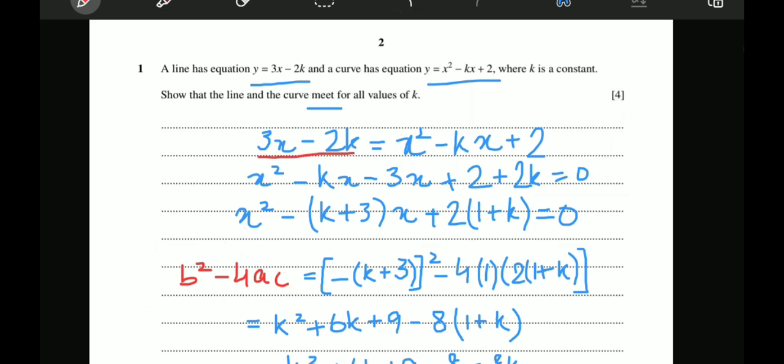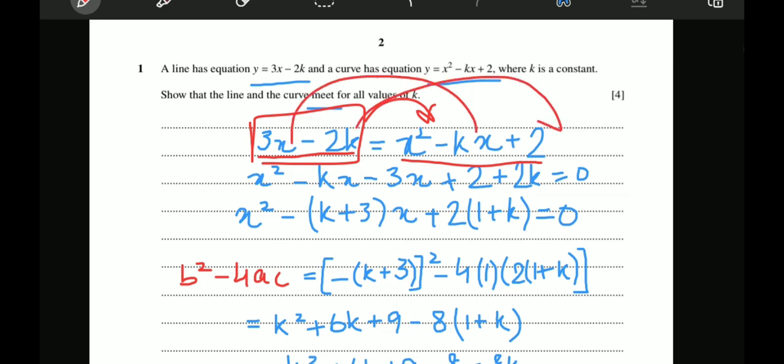So 3x minus 2k, the equation of line, equals the equation of curve, that is x square minus kx plus 2. Now arranging this, shifting this side to this side because we need positive x square, it is a preferable thing. So x square minus kx minus 3x plus 2 plus 2k.